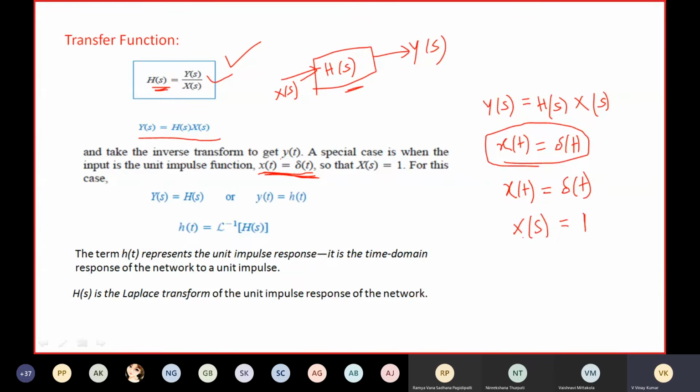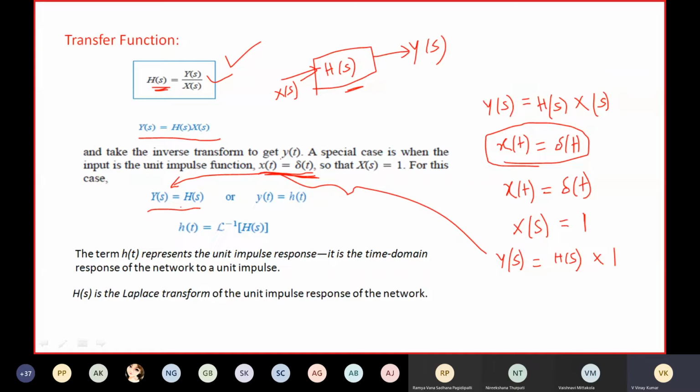When x of s is equal to 1, what will be the output? Y of s is equal to h of s into 1. Then you get y of s is equal to h of s.